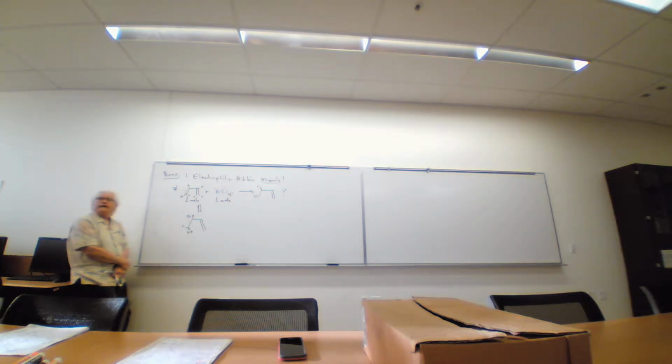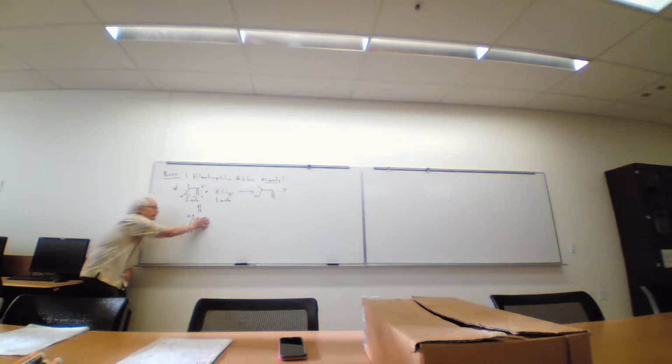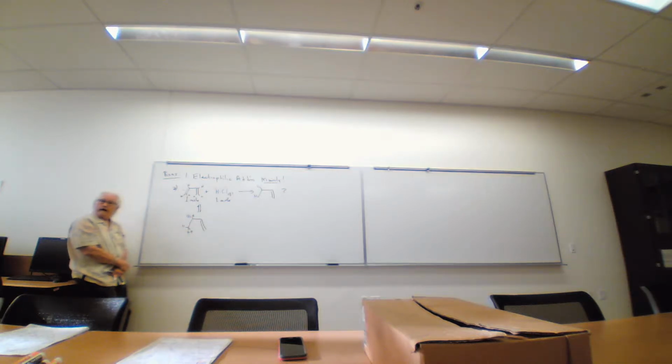is this. Intermediate carbocation. Is it stable? Is it more stable than a non-conjugated alkene would have been? Is this more stable than an isolated double bond would have been? Yes. Why? There's resonance.